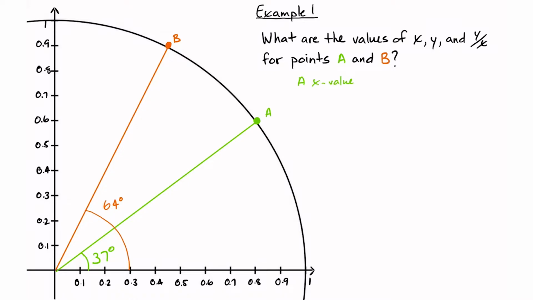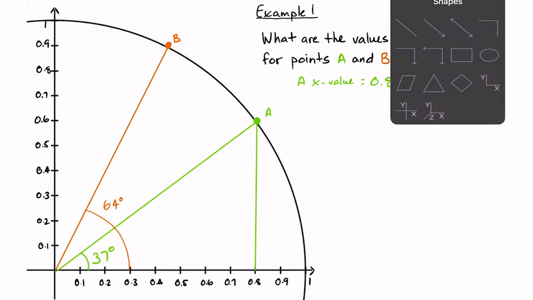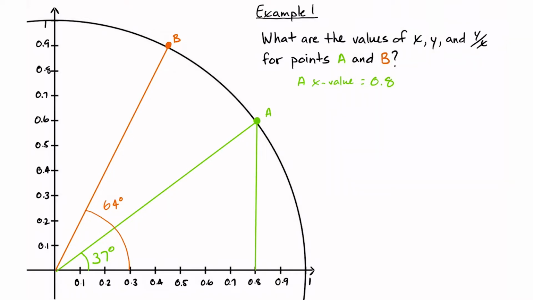Okay, the x value. What I like to do is just draw a line straight down to the x-axis so I can get a better visual of what the x value is. So let's draw that line straight down here. As we can see, the x value is about 0.8. Now the y value. For the y, we'll do the same thing. We will draw a straight line over to the y-axis, and that's going to give us a value of about 0.6.